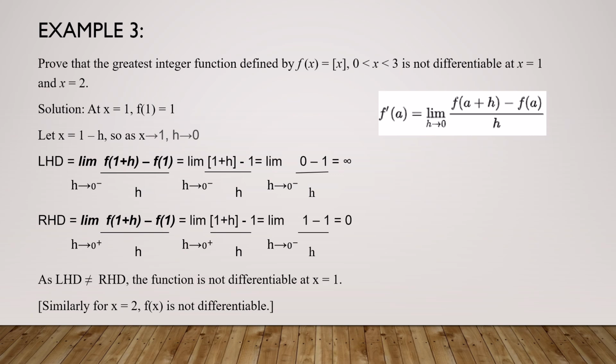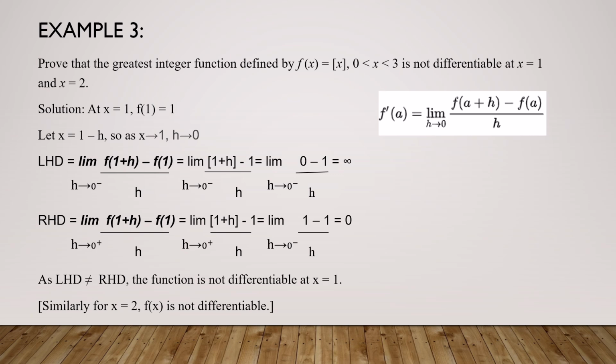So now using this definition, we find the left hand derivative, which is limit h tends to 0 from the left hand side, limit h tends to 0 minus of f(1 plus h) minus f(1) upon h. What is the function f(x)? f(x) is the greatest integer function. So it is limit h tends to 0 minus of box of (1 plus h) minus 1 upon h.